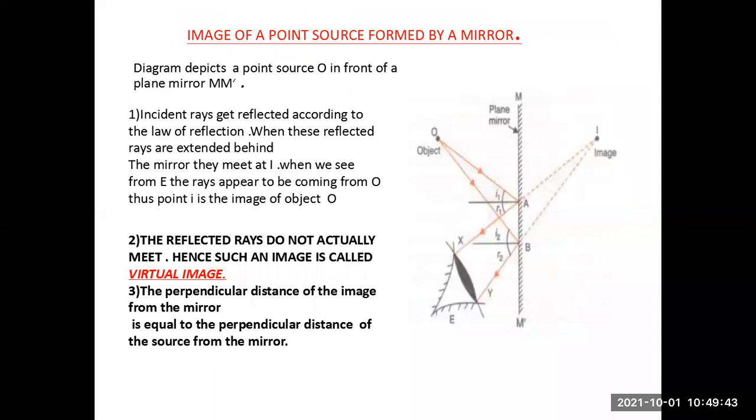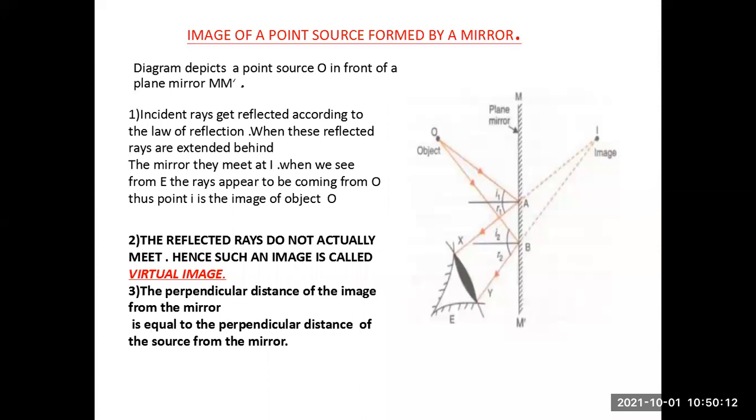The diagram depicts a point source O in front of a plane mirror. M and M dash are the plane mirror. First, what is happening? An incident ray is reflected according to the law of reflection. When these reflected rays are extended behind, you can see the dotted lines extended behind the mirror, they meet at I. You can see the capital letter I written, and the word image written below it.